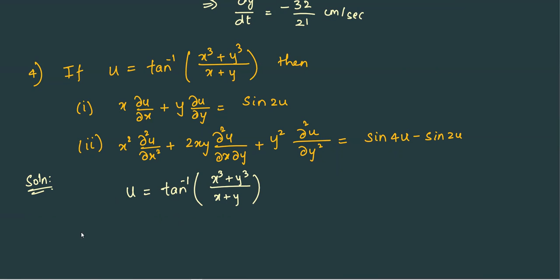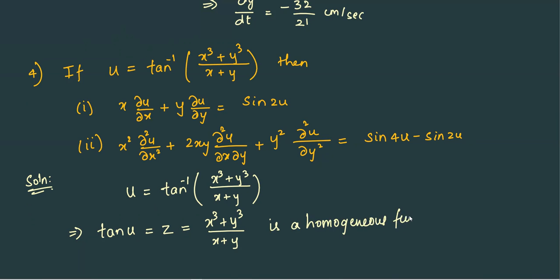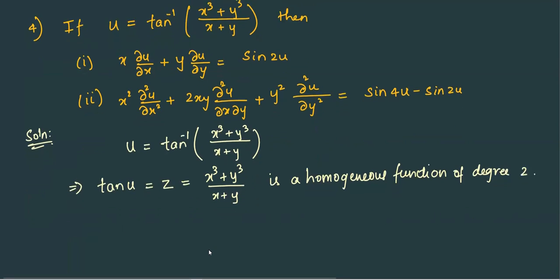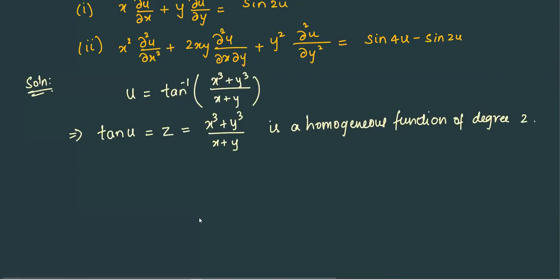But if you take tan u, and let this be z, tan u is x cube plus y cube upon x plus y. This is a homogeneous function of degree 2. So now it becomes easy for me.